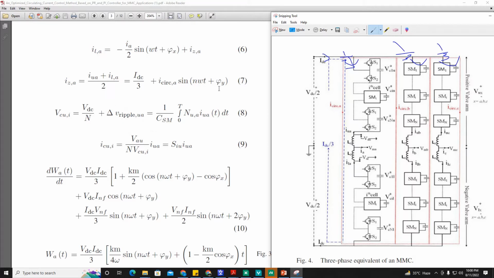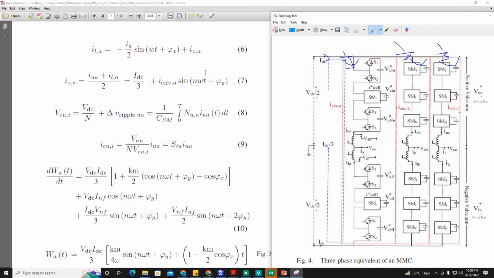If this circulating current is not controlled properly, initially it majorly consists of a second harmonic. Second harmonic is the dominating component in this circulating current. But if it is left uncontrolled, it will trigger fourth harmonic, sixth harmonic, eighth harmonic, and onwards, and it will result in the increased capacitor voltage ripple problem.